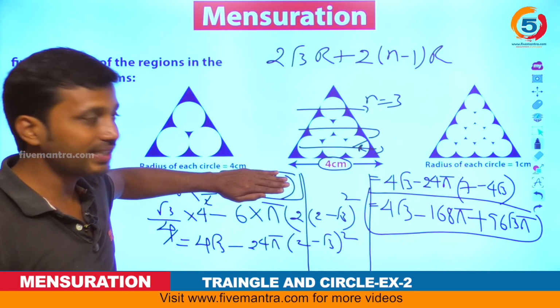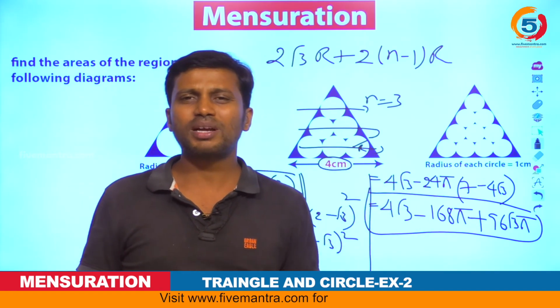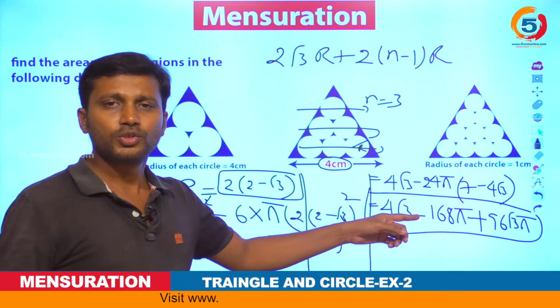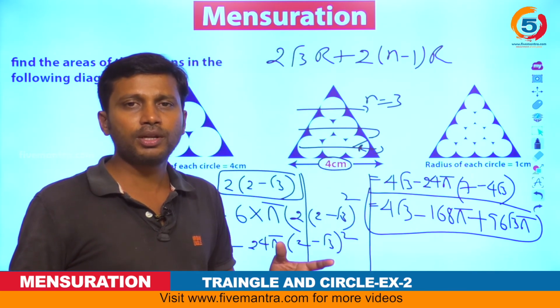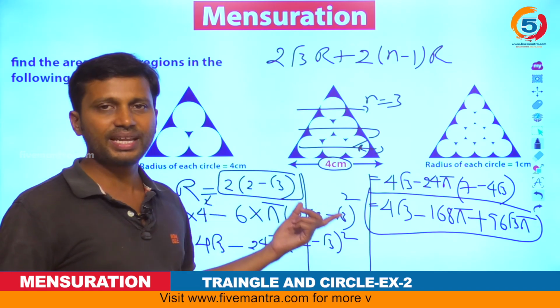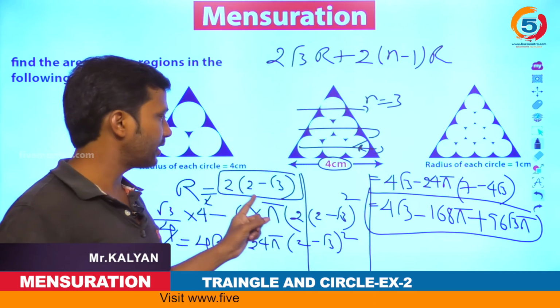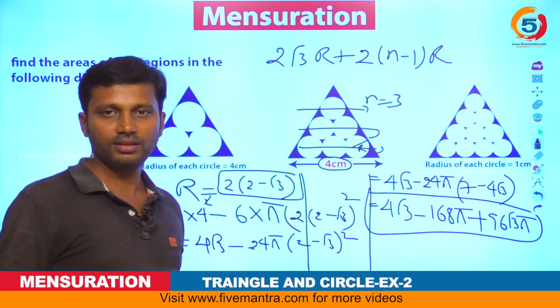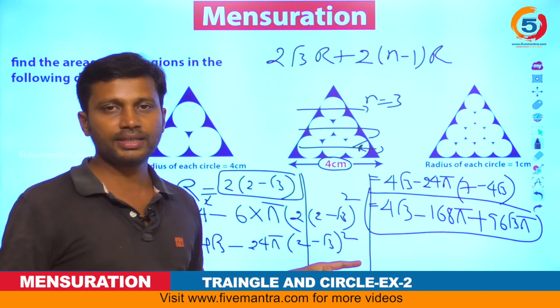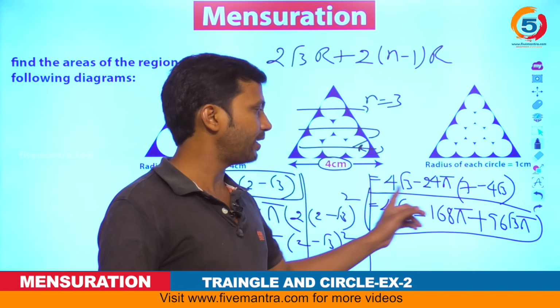Then further simplification anyway we have to do. Up to which value we can apply the shortcut, we can apply. We could find the radius of each circle, and then we subtracted the area of the triangle minus 6 areas of the circle, and the final answer was this.